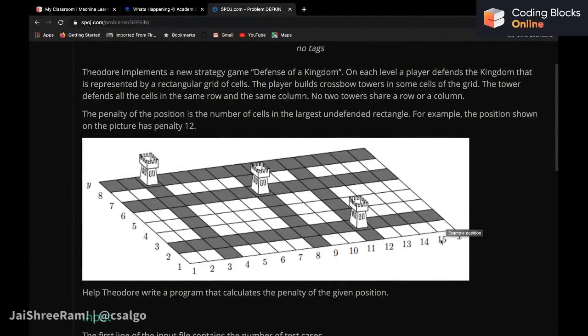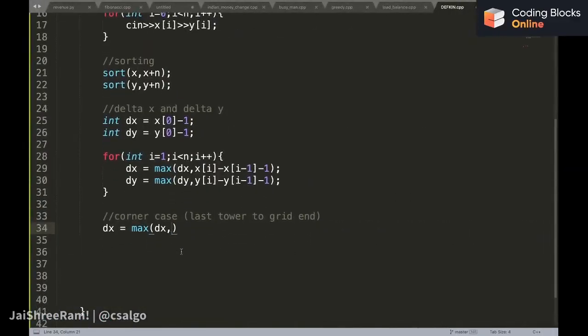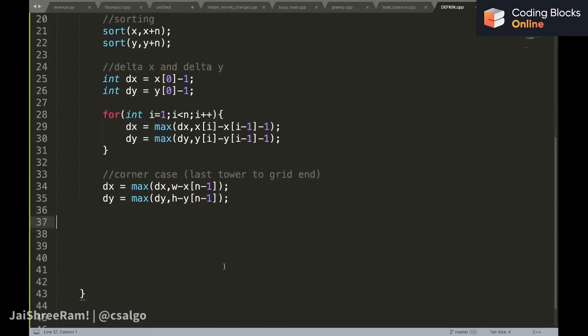Okay, because the last index is 15, and if you do 15 minus 11 you will get 4. So you can say this is width minus x of n minus 1 and dy is maximum of dy and height minus y of n minus 1. Okay, so this completes our logic to find dx and dy.